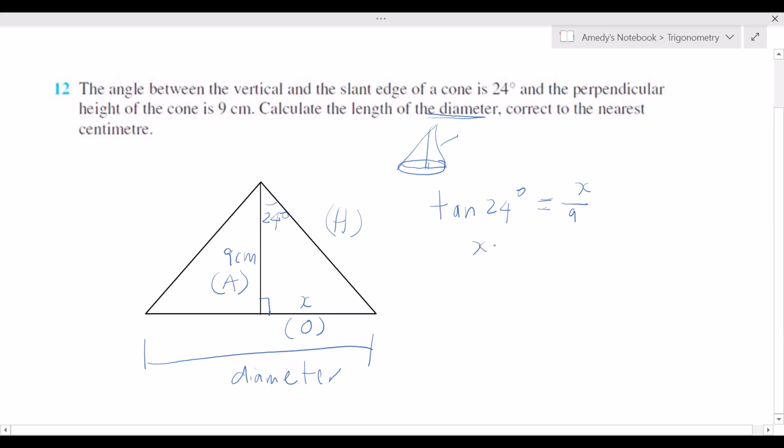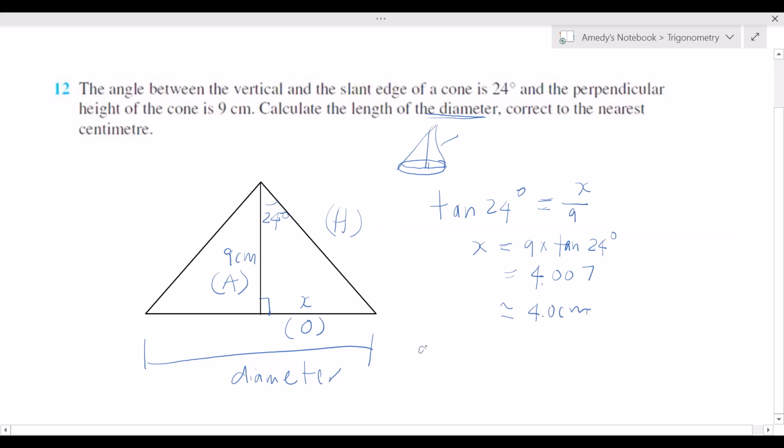So x equals 9 times tangent 24. The calculator has stored the ratio, so when you type it in, it will work out the corresponding length. Do you get 4.007? You can round to 4 cm, or to one decimal place, 4.0.